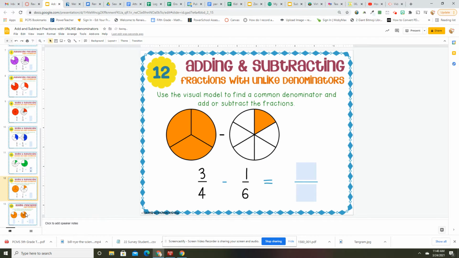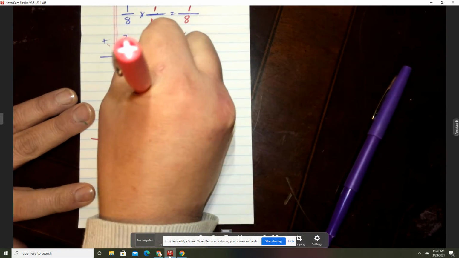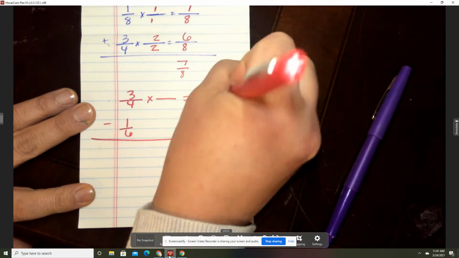Okay. Now on this one, we're going to do the same thing, but now this is subtracting. 3/4 minus 1/6. I'm going to set up my problem.